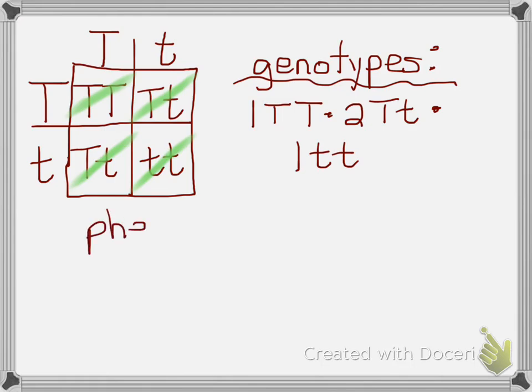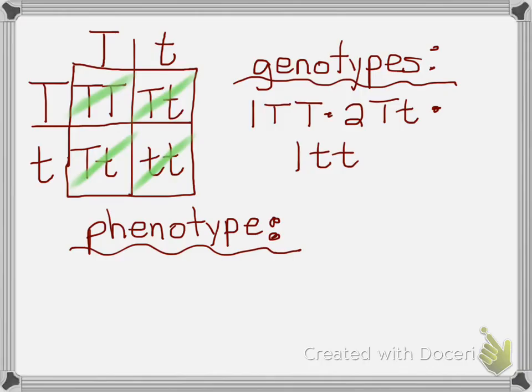Then we look at phenotypes. And with these crosses, if the dominant allele is present, that is what will be observed.